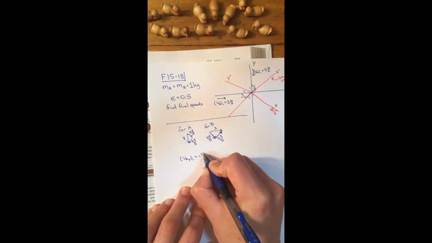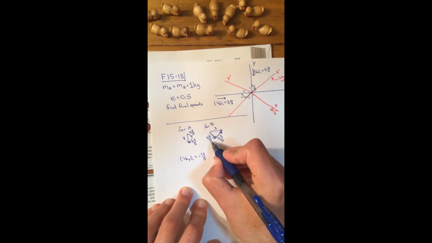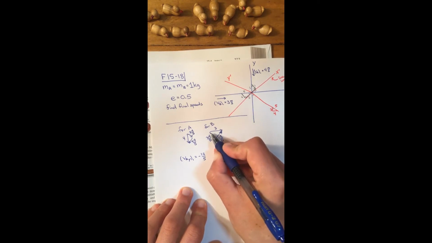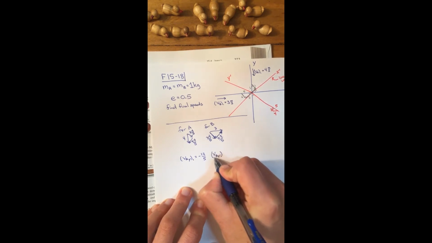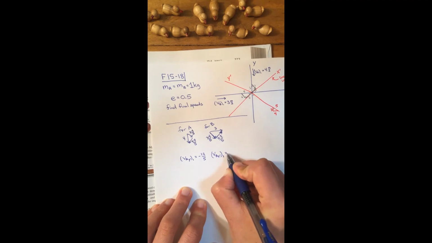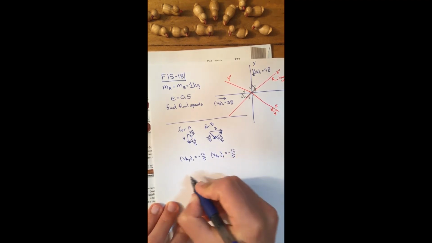That's in the negative y prime direction. 3 times 4 is 12. So that's minus 12 over 5. This is the y prime component for puck B, which is also in the negative y prime direction. So VB y prime before the collision is equal to negative 12 over 5. And let's put down the x components also.